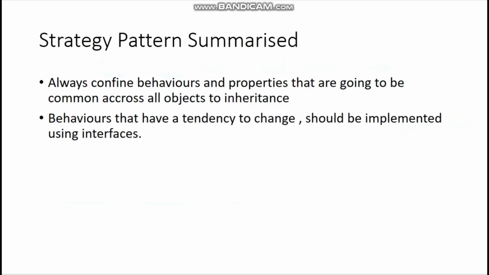Okay, so let's just summarize the strategy pattern over here. Whenever we face a problem where the requirements are constantly changing and we need to add new requirements, in that case we can always confine the behaviors and properties that are going to be common across all objects to inheritance, and behaviors that have a tendency to change should be implemented using interfaces.